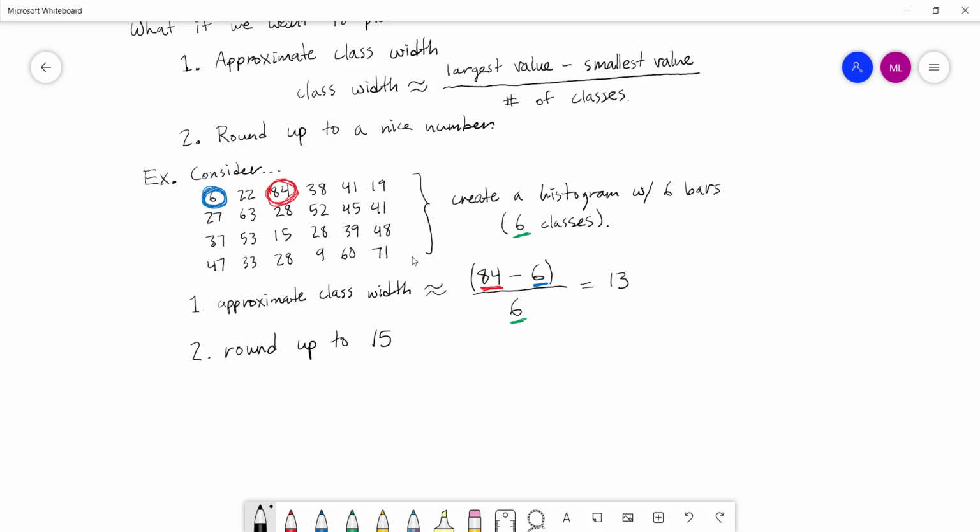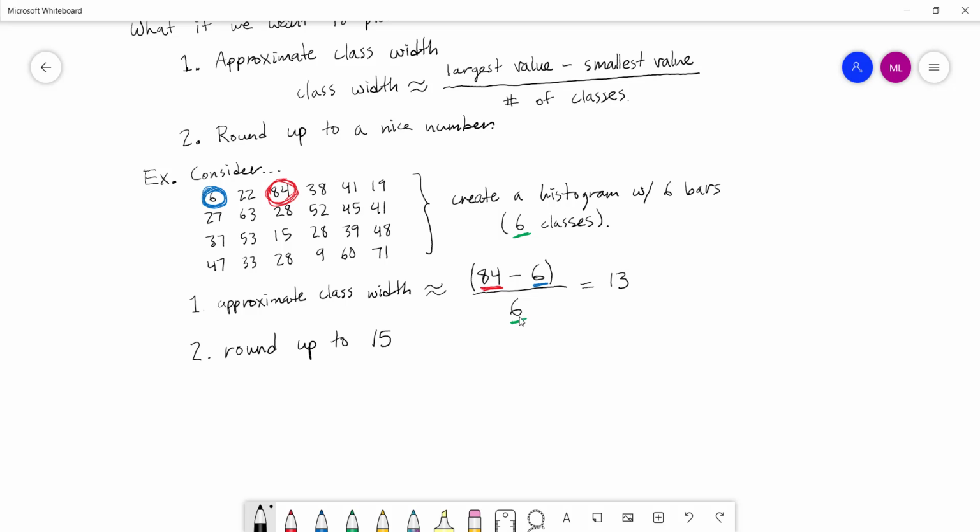So I want to think about, and hopefully this will make sense to some people, exactly what this would look like. If I used 13 exactly, and we've got 6 total classes, and each one's going to be of width 13, if I multiply those back together, I get back to the 78 that we had up here, right? It's the number we had before I divided by 6.